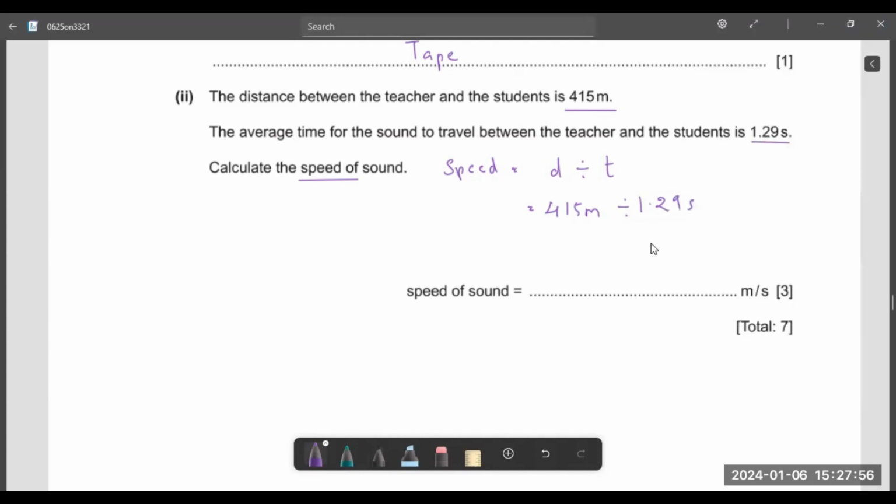We'll round it off and write 320 meters per second.